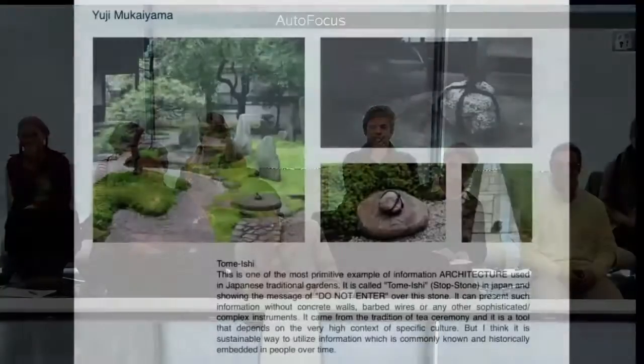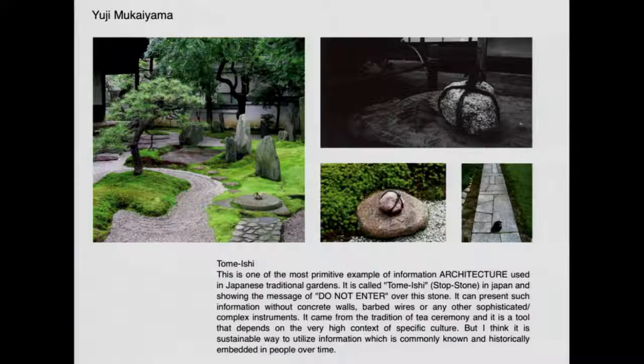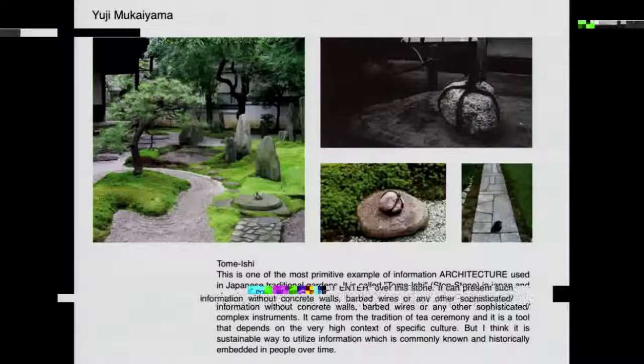Maybe this is one of the most primitive examples of information architecture, because this stone is showing information about something: don't go over this stone, or don't go inside this way. And this is used for the tradition of Japanese tea ceremony and Japanese traditional gardens.